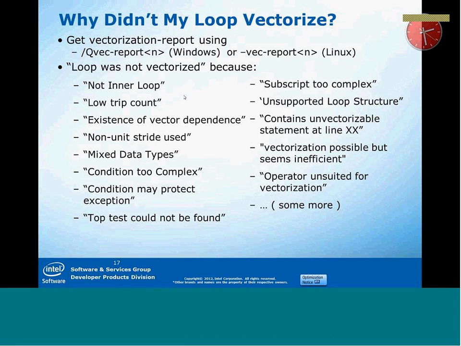Sometimes the loop doesn't get vectorized if there is a low trip count, meaning the compiler does a cost-benefit analysis and thinks it's not worth vectorizing the loop. Now, if you are sure, you can override this cost-benefit analysis by using pragma vector always. Okay, you're not changing your code, you're just adding a pragma to guide the compiler: hey, I know what's going on.